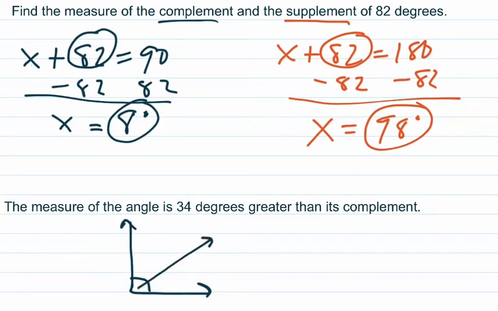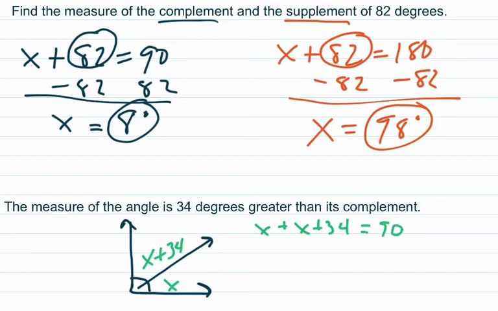We have one angle that we don't know, and then the other angle is 34 degrees greater, so that would be that angle we don't know plus 34. So that angle measurement is x plus 34. These two together must equal 90 degrees. So I have x plus x plus 34 equals that 90 degrees.